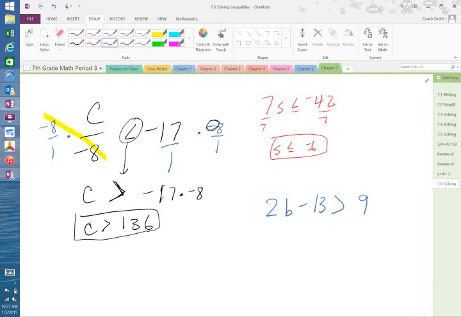Once again, how you solve an inequality and how you solve an equation is still the same. This is a two-step inequality.